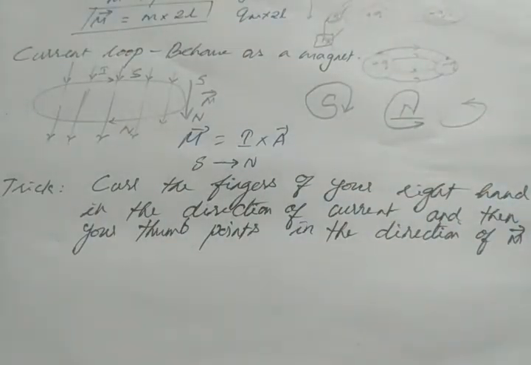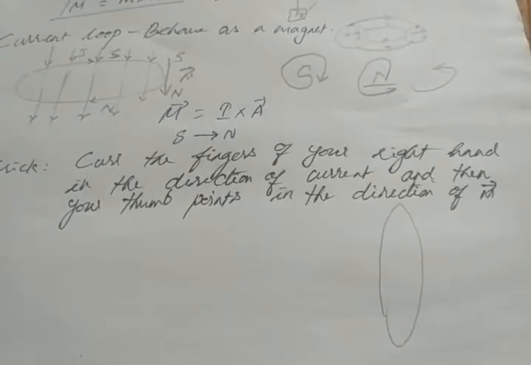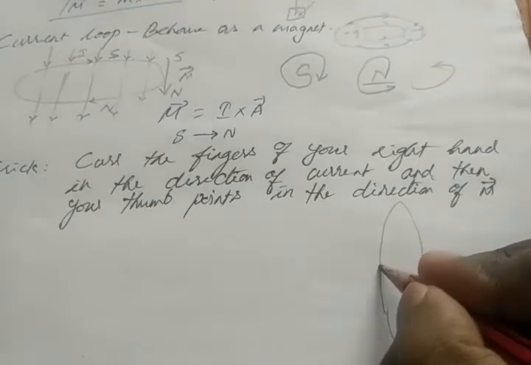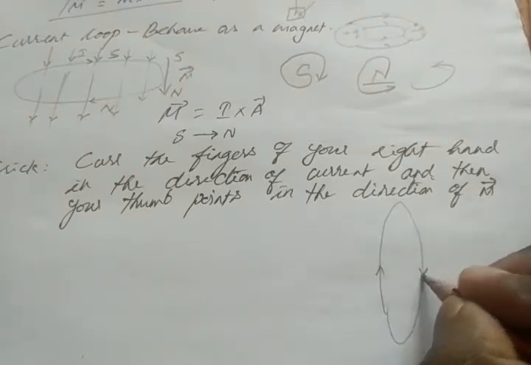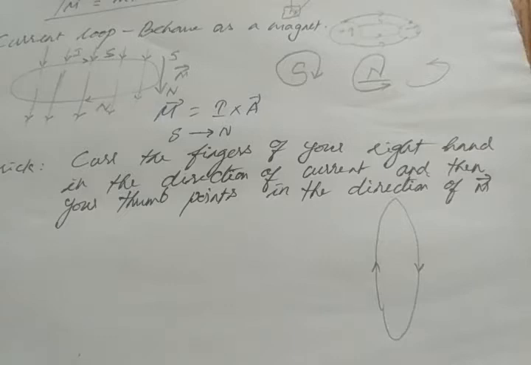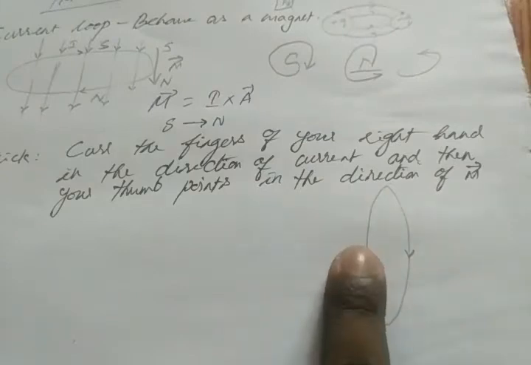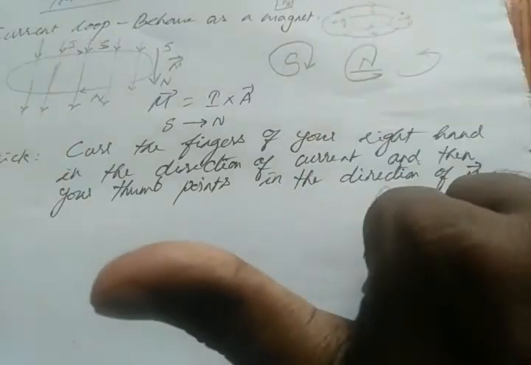If you take any kind of loop, for example, I take this loop. Current is flowing in clockwise direction. So what will be the direction of the magnetic moment, or which one is south and which one is north? How to find? Curl your 4 fingers in the direction of current. My current is flowing upwards, so I curl my 4 fingers upwards.